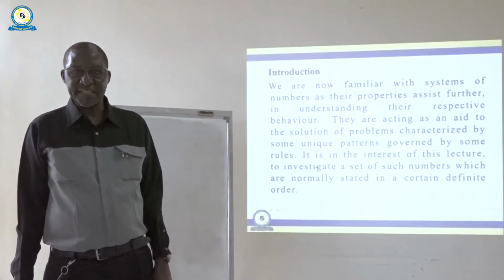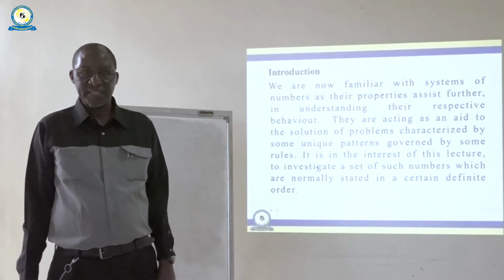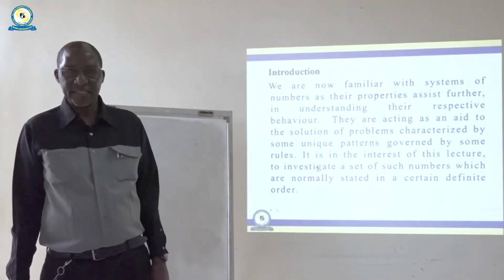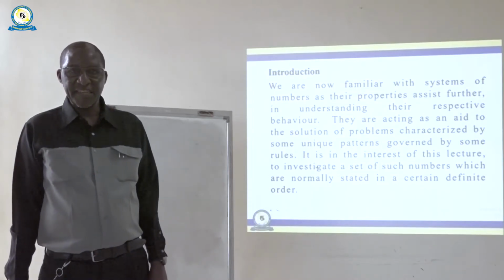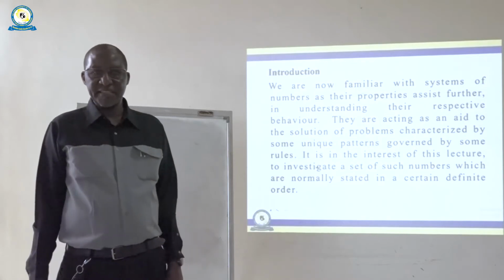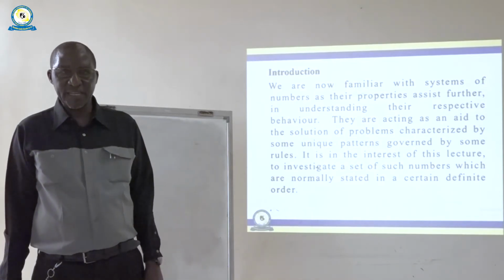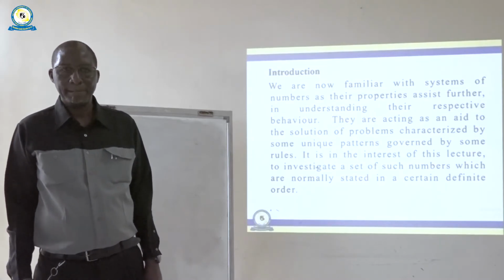They act as an aid to the solution of problems characterized by some unique patterns governed by some rules. It is in the interest of this lecture to investigate the set of such numbers which are normally stated in a certain definite order.